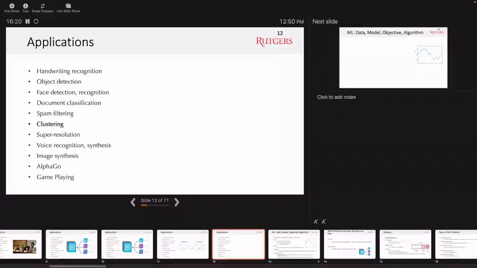Another related work is that DeepMind developed a deep Q network to match human performance in a set of more than 100 Atari games. So this is deep learning in game playing, also very popular.